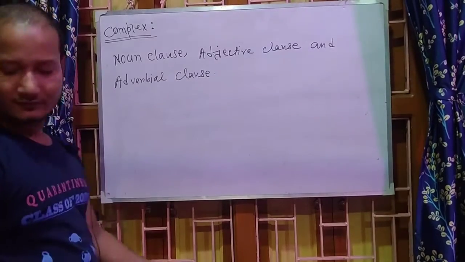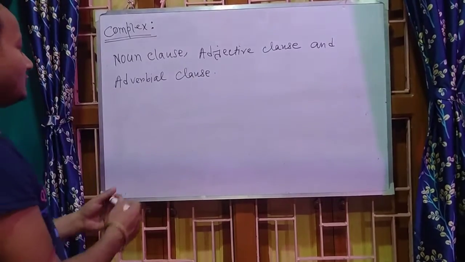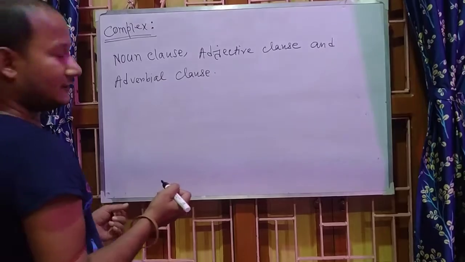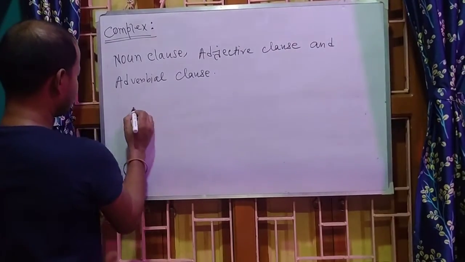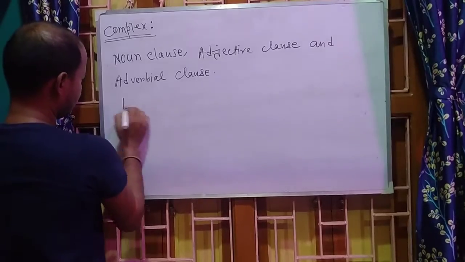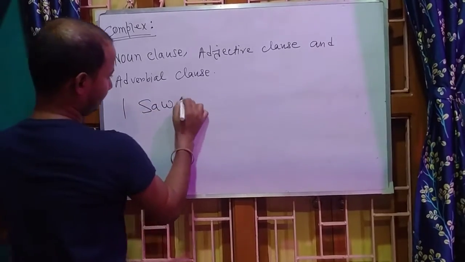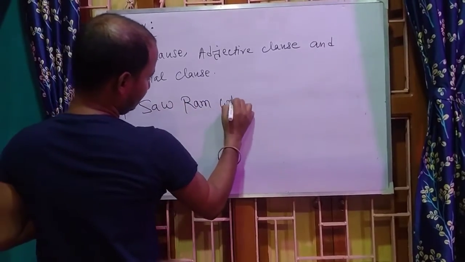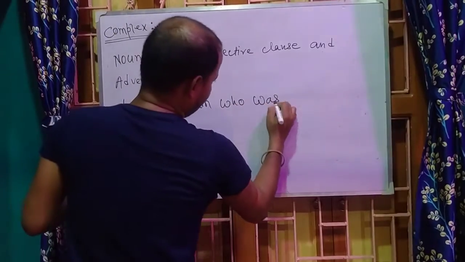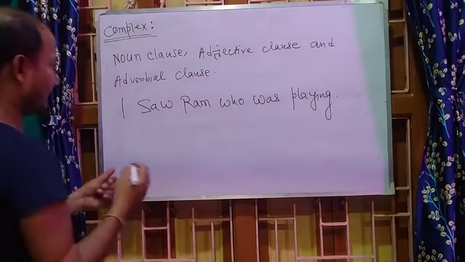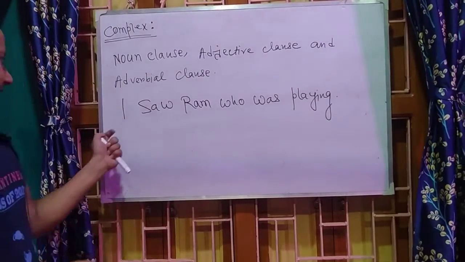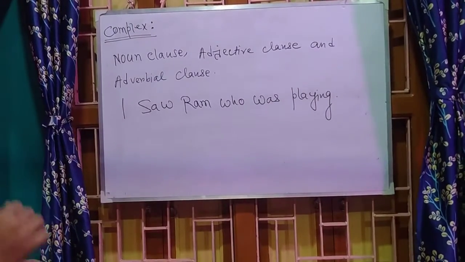Now look at some examples of complex sentences. Clear? See, this is an example of a complex sentence.